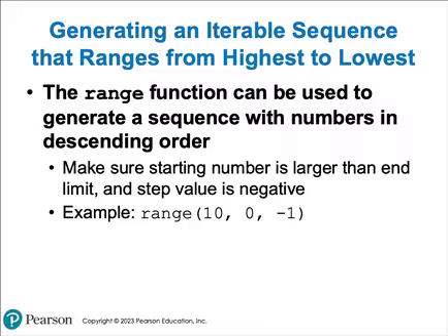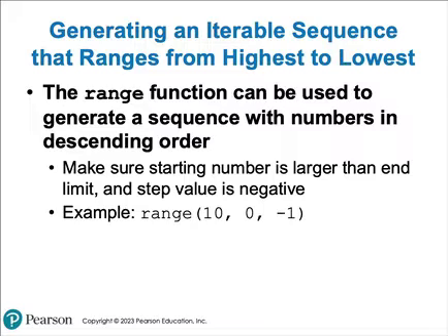So most times, the range is in increasing order, increasing in value, often by 1, but you might count by 2s, you might count by 3s. But you can actually generate a range that is in descending order by giving the larger value first, the starting point.